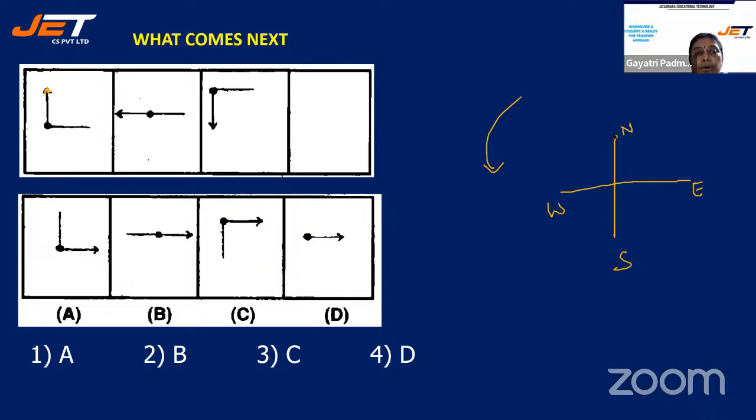In the first one, the arrow is facing north. Second one, the arrow is facing towards the west. Third one, towards the south. So the fourth one, the arrow should face towards the east.